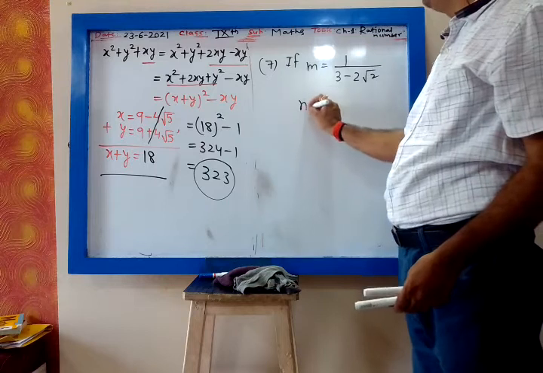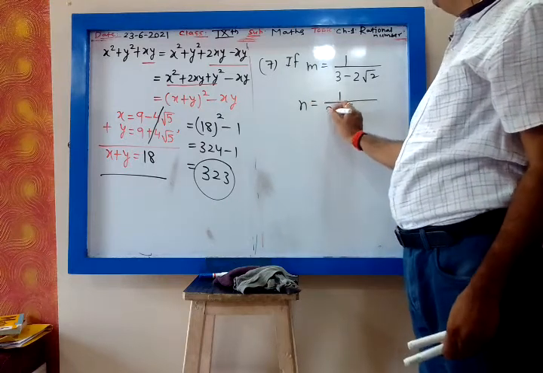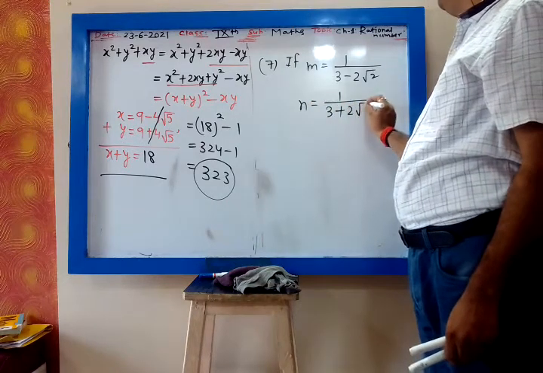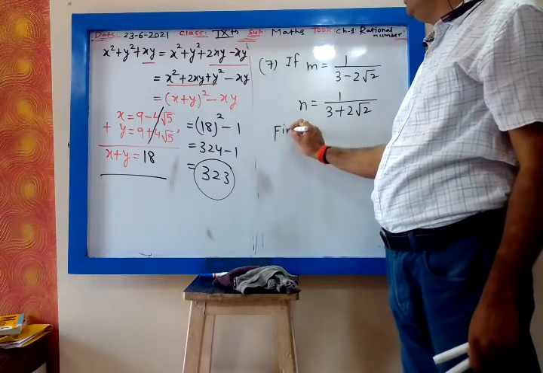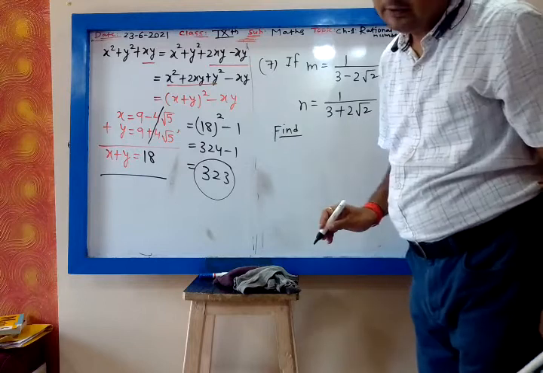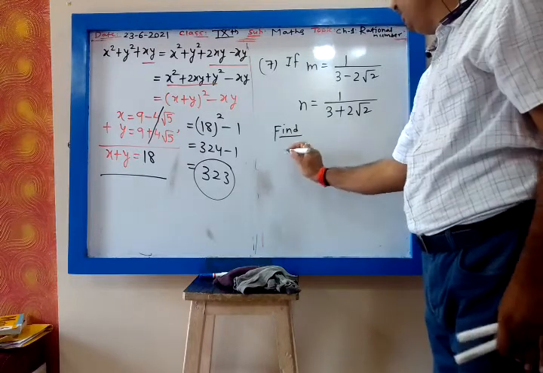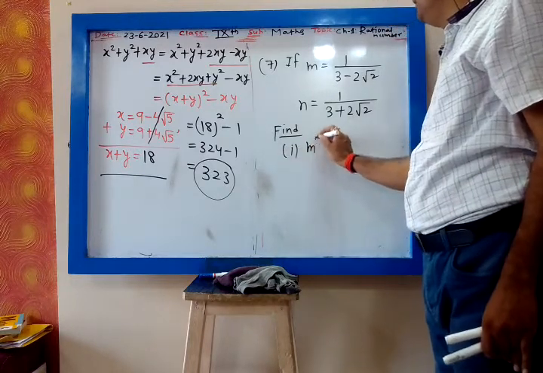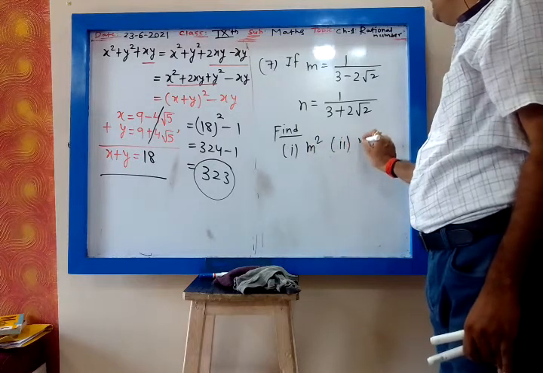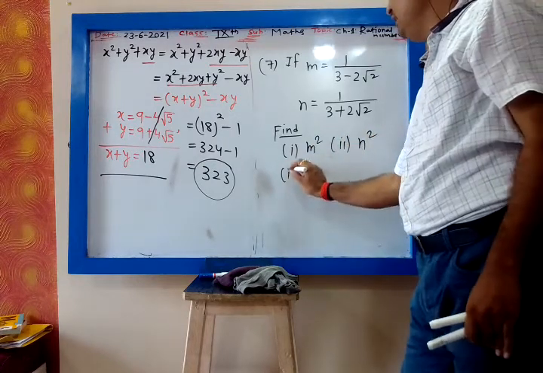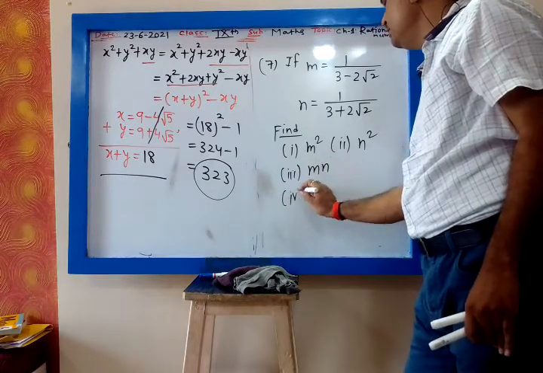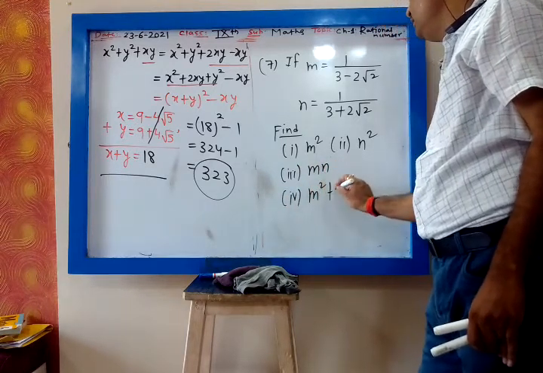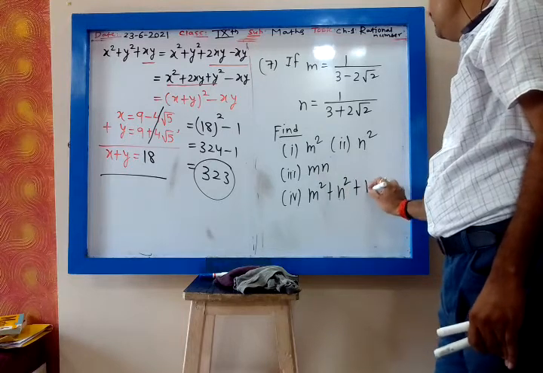And n is 1 upon (3 plus 2 root 2). Correct? Then first find m square, second find n square, third find mn. And let me give a fourth part also: m square plus n square plus mn.